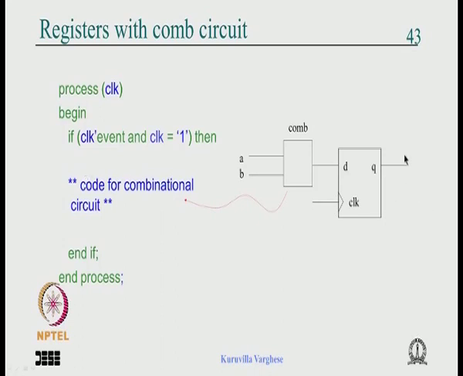Maybe there is a sequential circuit, and from the present state you are decoding something, and if you write the decoding part within this clock'event and clock equal to 1, you will get a set of registers or flip flops at the output of it.